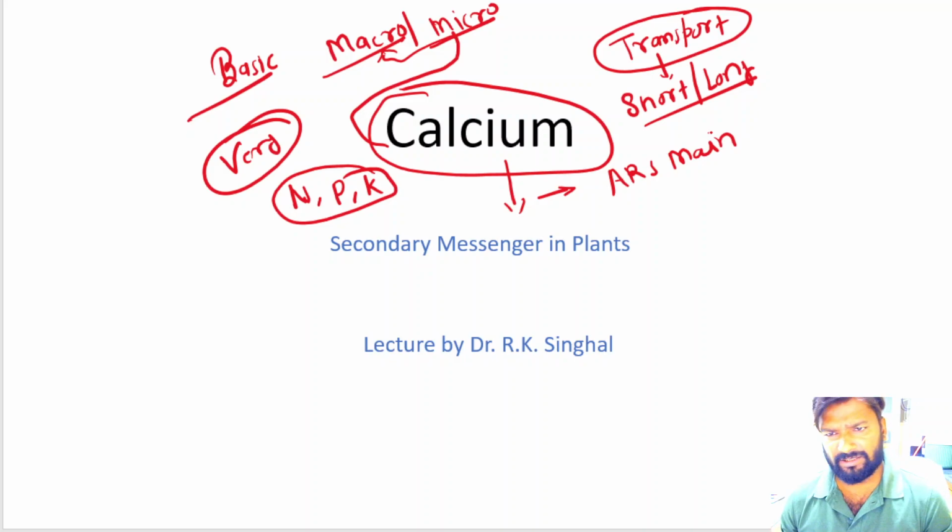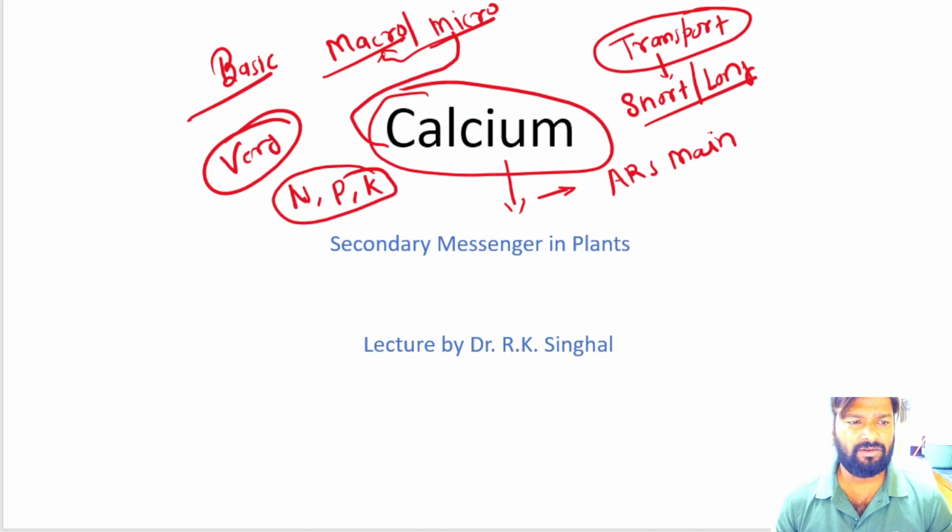So in the ARS mains exams, a question can be asked: what is calcium, write about the transport system and the binding form of calcium and its role in plant growth, or they can ask how calcium works as a secondary messenger in the plant. So this topic is very important.